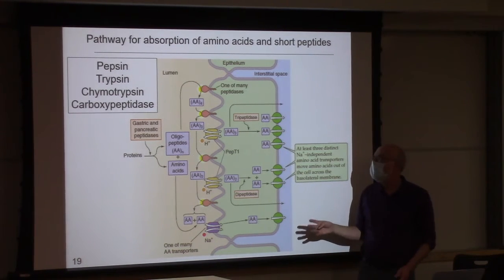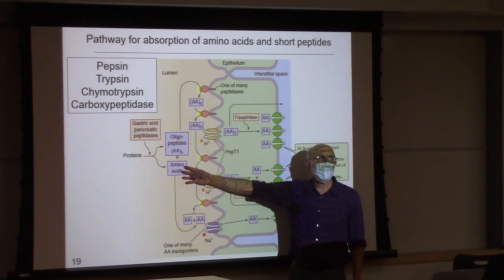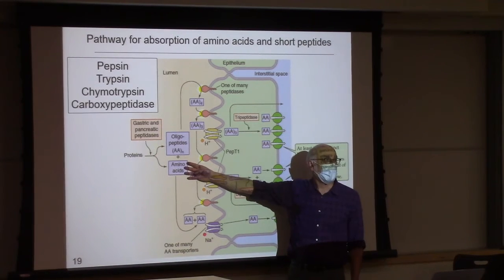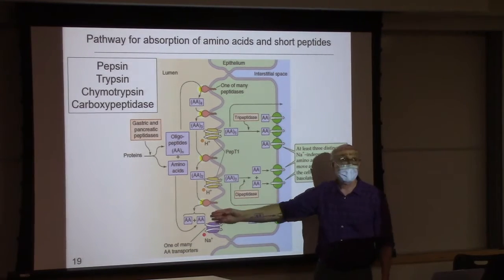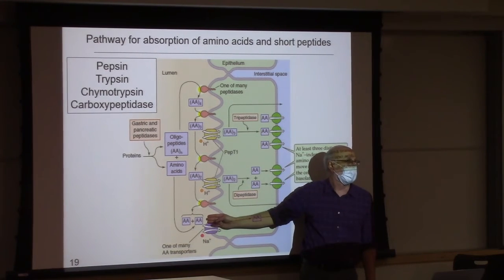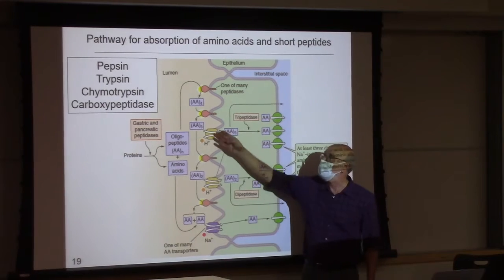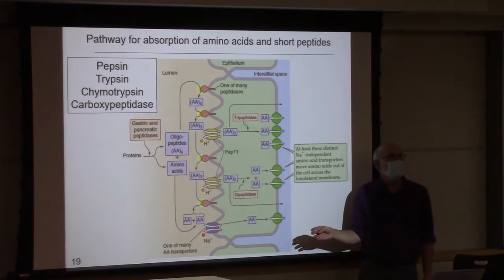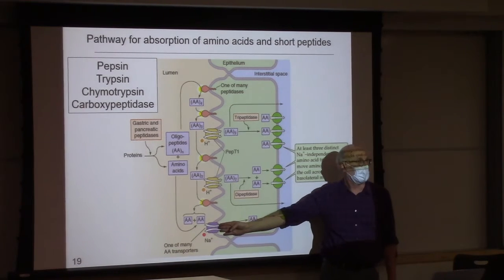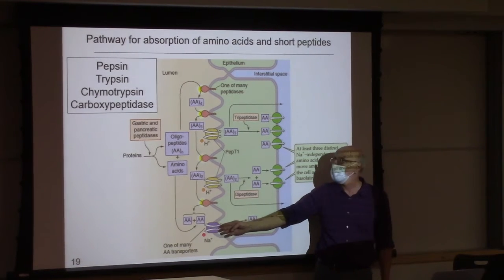What's the main point? The main point is that in the lumen, the proteins are broken down into tri, di, and mono amino acids. Well, amino acids and dipeptides and tripeptides. The amino acids are transported in a sodium-dependent fashion, cotransporter across the apical membrane.